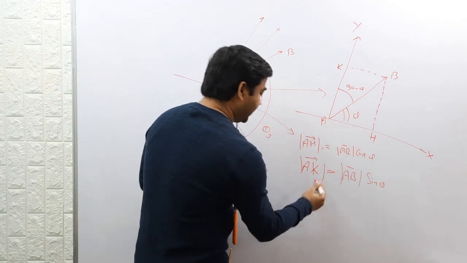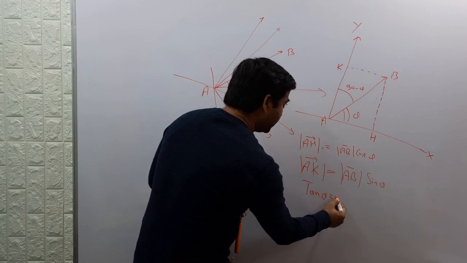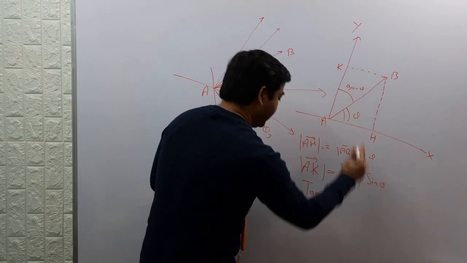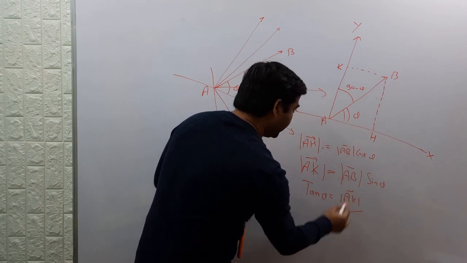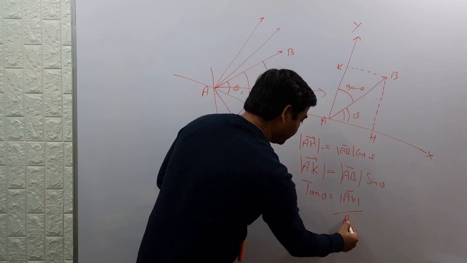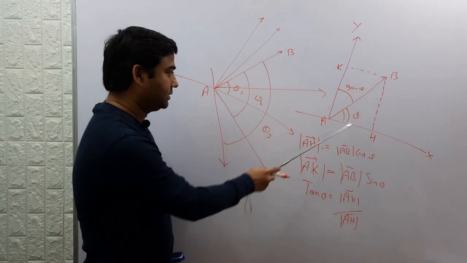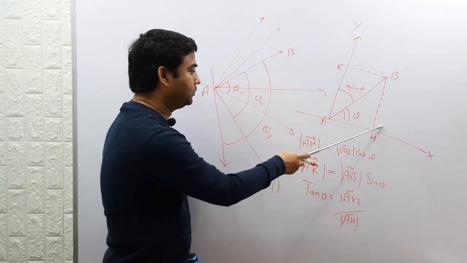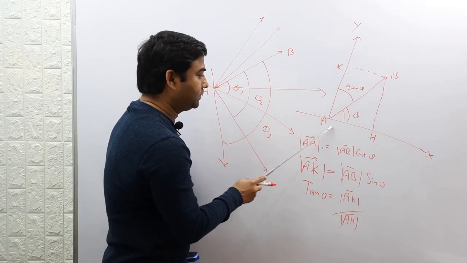And for this direction theta, tan theta will be equal to vector AK divided by vector AH. Mod of vector AK, that is one of the perpendicular components, divided by mod of vector AH, that is the second perpendicular component.